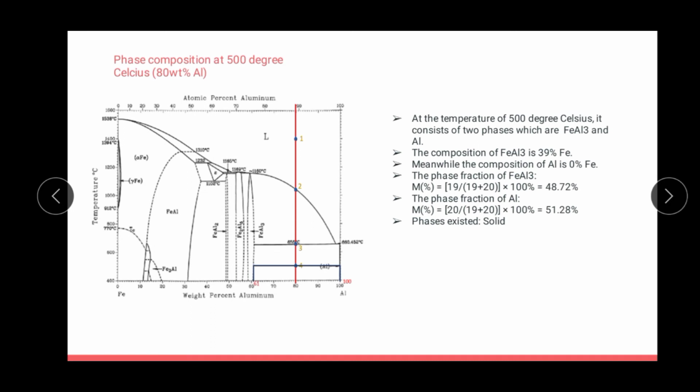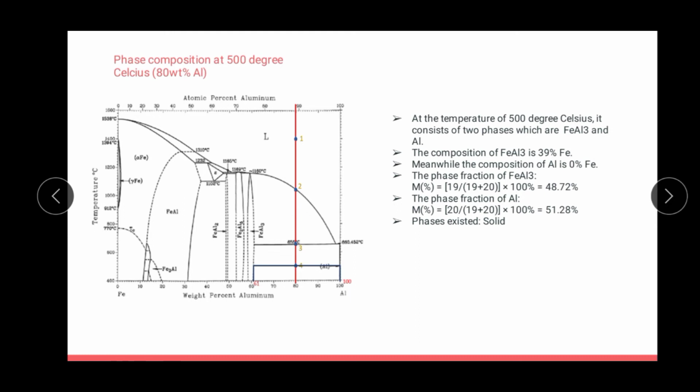The phase composition at 500 degrees Celsius for 80 percentage of aluminium. At the temperature of 500 degrees Celsius, it consists of two phases, which are FeAl3 and aluminium. The composition of FeAl3 is 39% Fe.